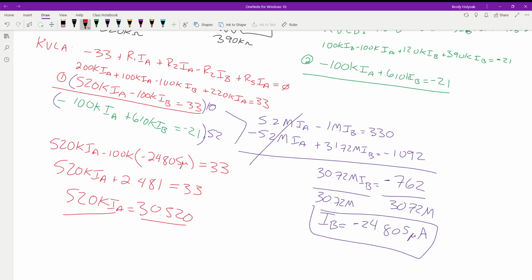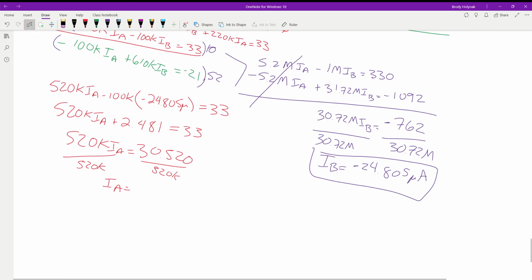Divide both sides by 520K. And IA is 58.691 microamps.